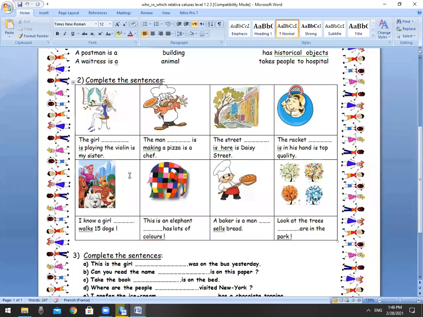This is an elephant that has lots of colors. No answer, no reply.